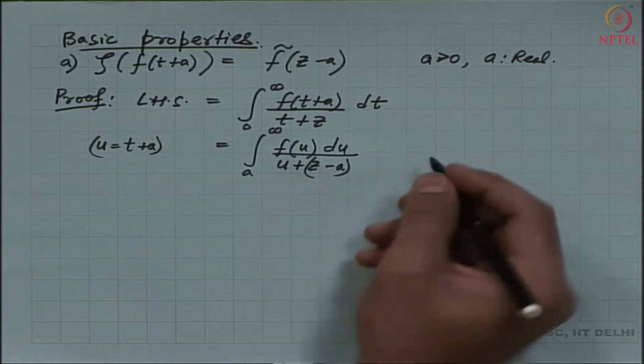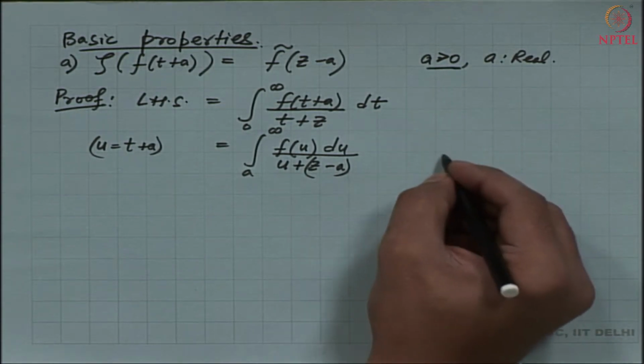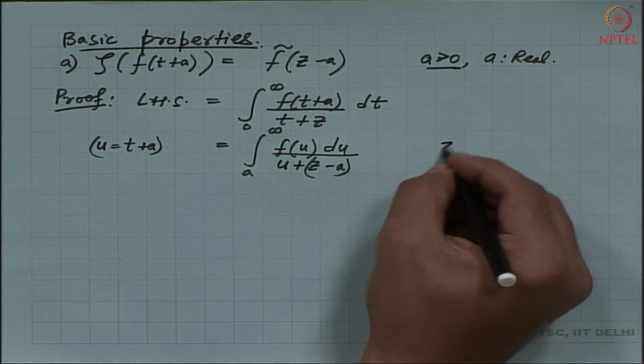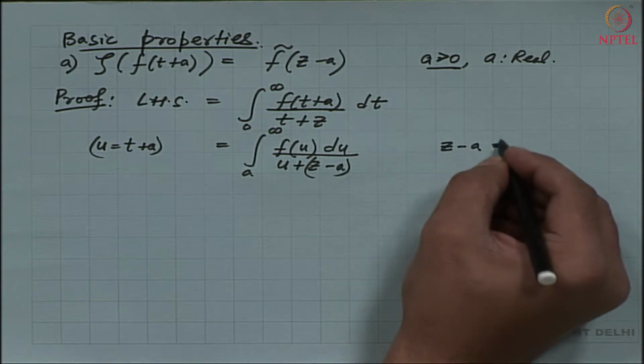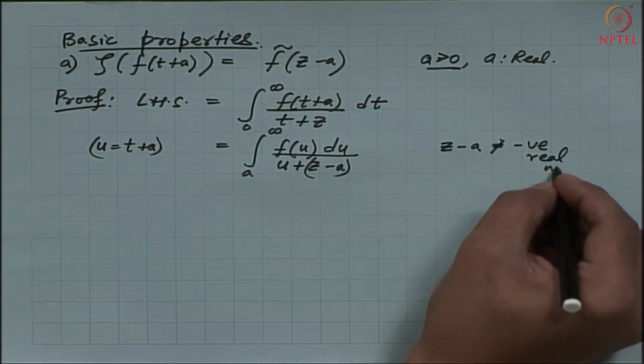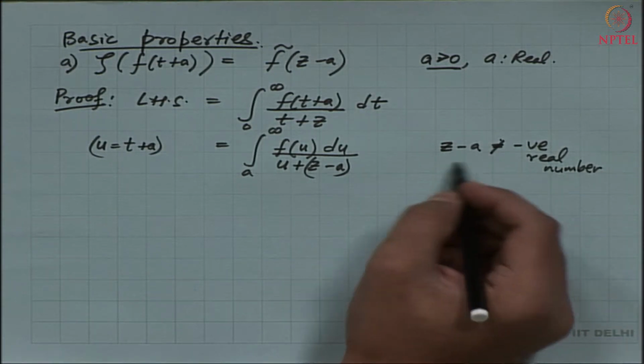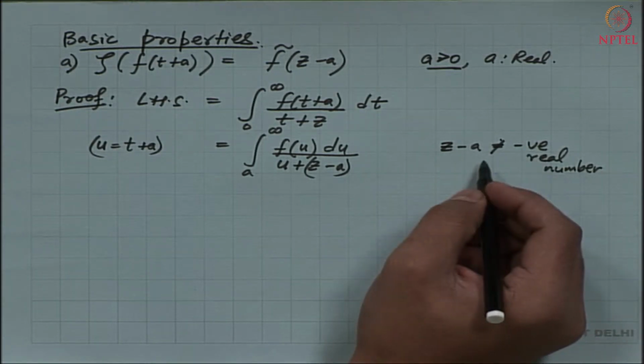Now, we note that since a is positive, we must make sure that z - a is not a negative real number, otherwise the Stieltjes transform is not defined, and this was one of the results that I showed in my last lecture.